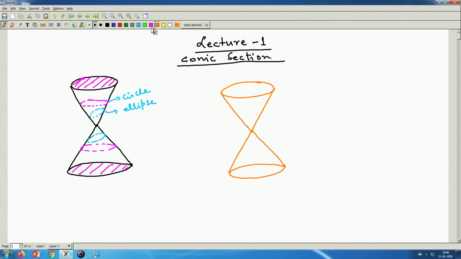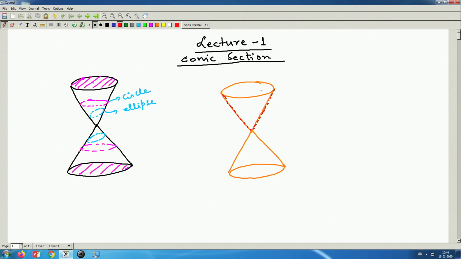Now, if we take any section whose plane is parallel to the generator of the cone. This inclined line is called the generator of the cone.